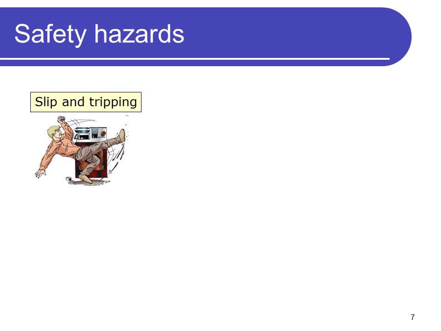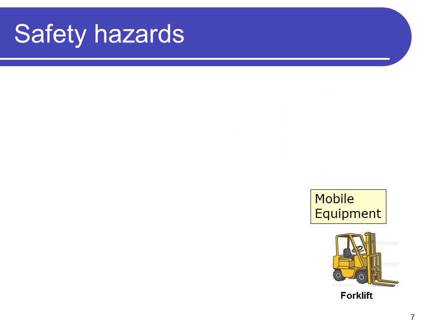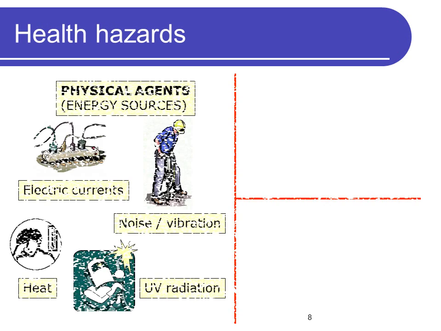The safety hazards are related to, for example, slips, trips, and falls, use of manual or power hand tools, some issues related to mobile equipment, or machine safeguarding. Machine safeguarding is not a hazard, but machine in motion is, and how to prevent injuries from machines in motion is to put a safeguard around the machine.